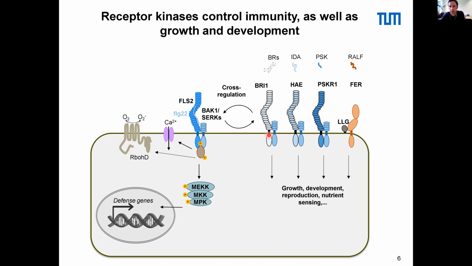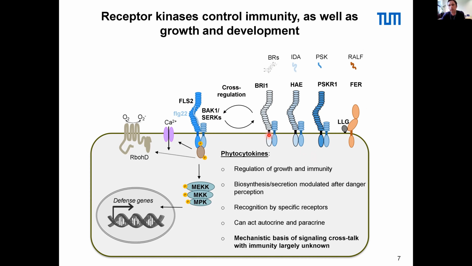And I'm interested to study this signaling crosstalk. And peptides that can fulfill such a crosstalking function are also referred to as phytocytokines, as Tina already said in her introduction. And this is based on their analogy to metazoan cytokine peptides that you probably all have heard of as important regulators of immunity.